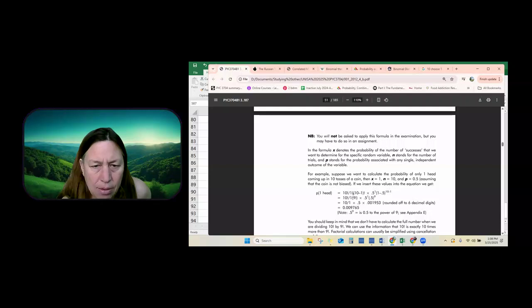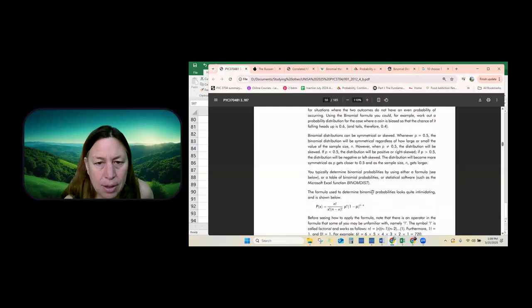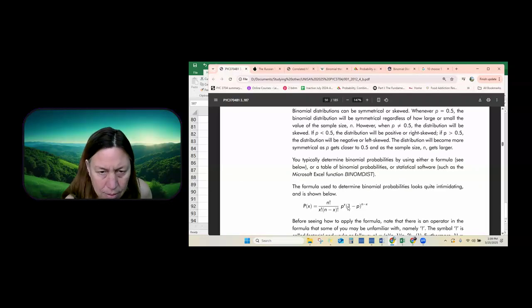So 10 choose 1, that's 10. And you can also see, if you look at this, he simplified from that formula that we were looking at a moment ago to 10 factorial over 9 factorial, which is 10 over 1. So it's 10. And we looked it up with Google. Then all you have to do is multiply this part, and that part is the probability to the power of x.